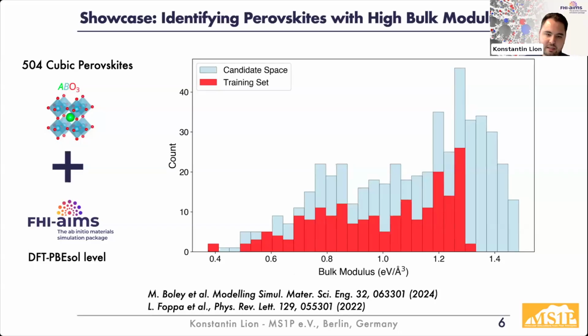And the good thing here in this active learning approach is while you identify your candidates with the SISSO modeling, so the AI model itself, you don't rely on the predicted property from the model, but rather recalculate it. So SISSO gives us a candidate material, and we then calculate the candidate material with FHI-aims to get the actual bulk modulus from DFT.